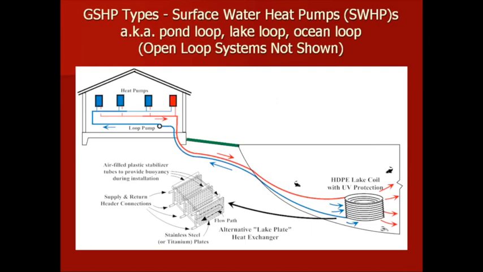The third main group is the surface water systems, also called pond loops, lake loops, ocean loops. Most of the systems we see in the U.S. are the high-density polyethylene loops, but there's also a few manufacturers that make plate heat exchangers that they put in the lakes.